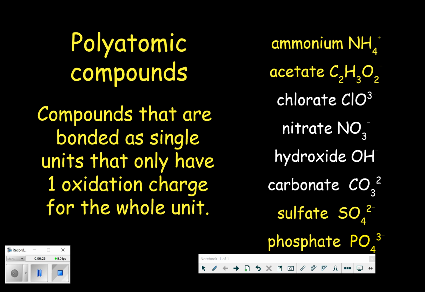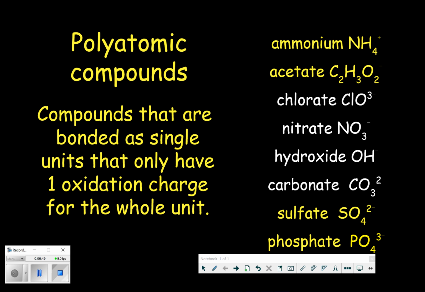So NH4 means there's 1 nitrogen, there's 4 hydrogens. This entire thing is considered a single unit, just like if we had, let's say we had lithium or sodium, that's easier. Sodium has a +1 charge. NH4 has a +1 charge.